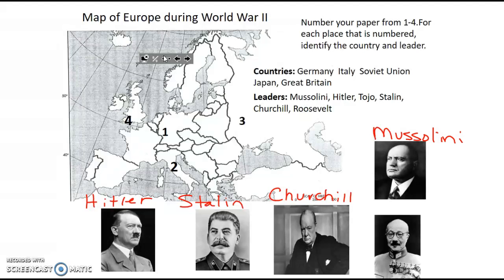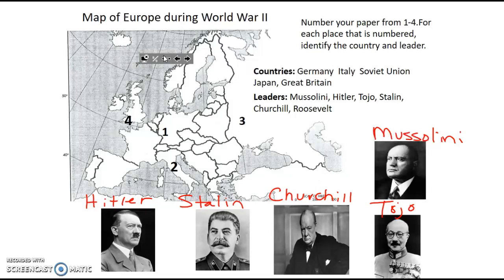This individual in the far right-hand corner is Hideki Tojo, who was the Prime Minister of Japan. So he was the supreme military leader of the country of Japan, but Japan had an emperor named Hirohito who gave a lot of power to Tojo in carrying out the military affairs of the Japanese Empire.